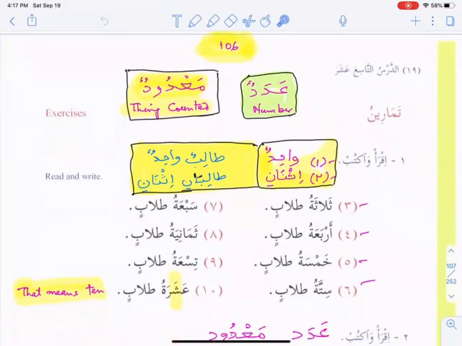Then from 3 to 10, there's one rule. From 11 to 12, there's one rule. And from 13 to 19, there's one rule. Number 20 is halwa puri, it's very easy. And then things become a little better: 21, 31, 41, it comes better.